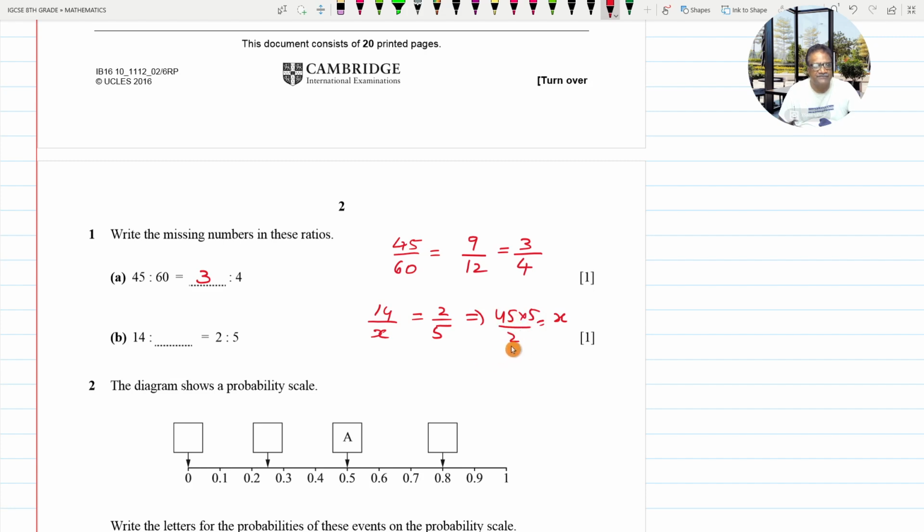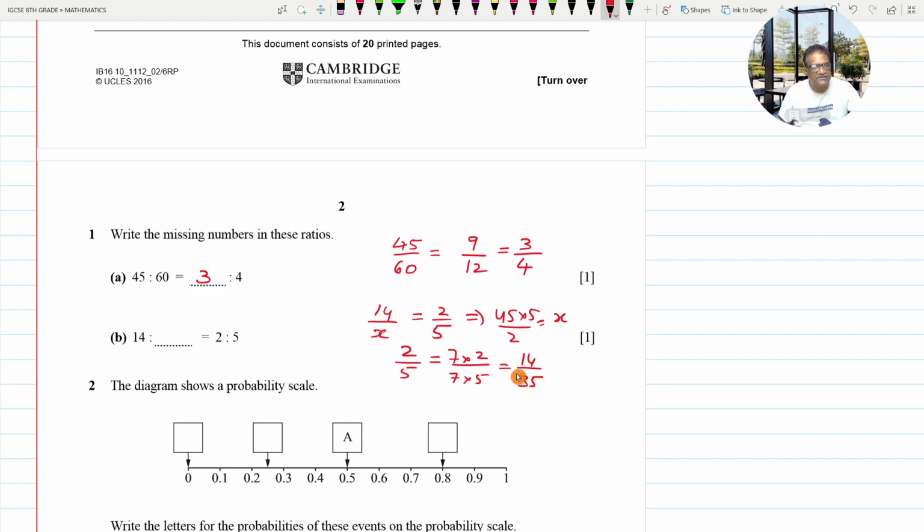Okay, this is 2 is to 5. Now I want this to be 14, so I'll multiply this by 7, and here also I'll multiply by 7. So 7 2s are 14 upon 7 5s are 35.